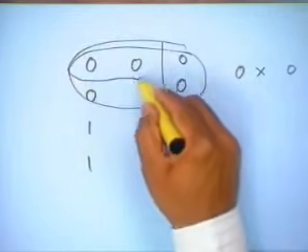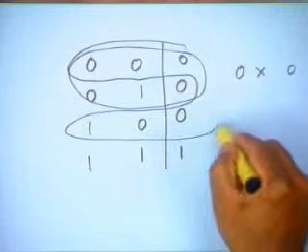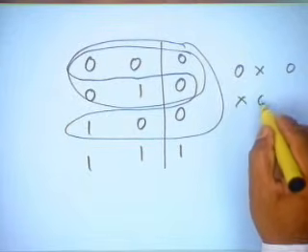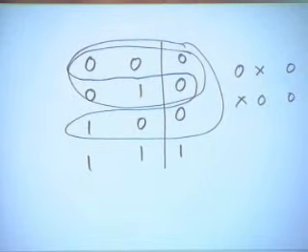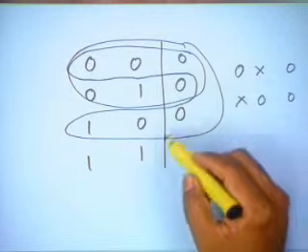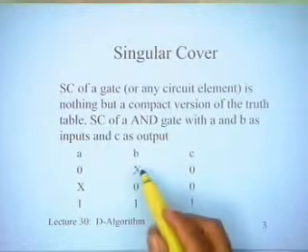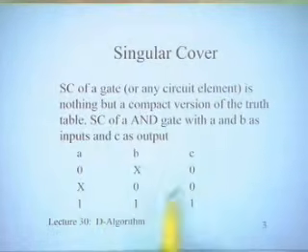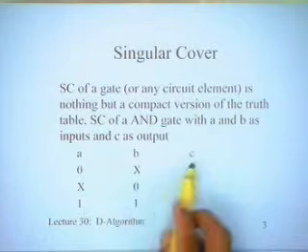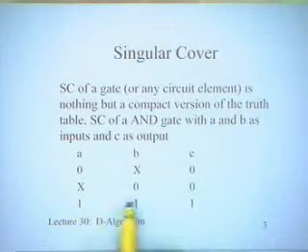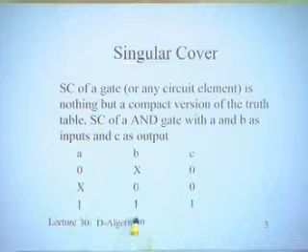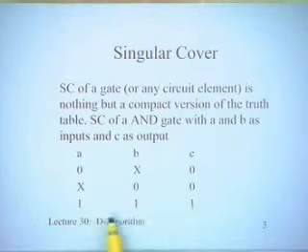Similarly, if you combine this with this, you can write it as x00. It's nothing but writing the truth table rows in a slightly different manner, which is more compact. Here I say that I don't care. So A and B are the inputs and C is the output: 0x0, x00, 111. In case of a 1 I can't do anything because there is only one term.